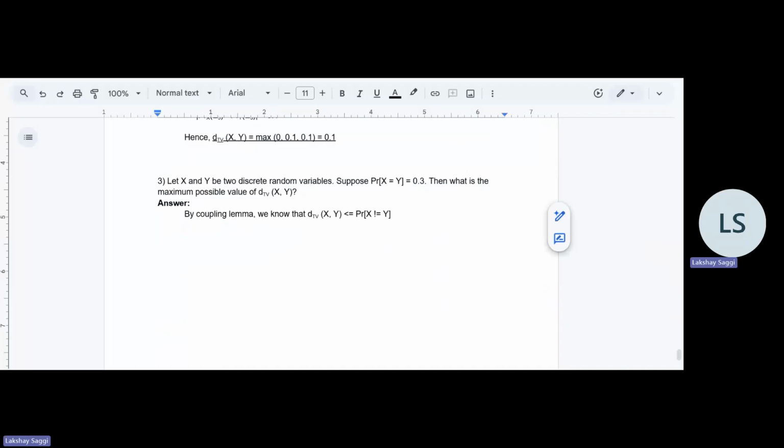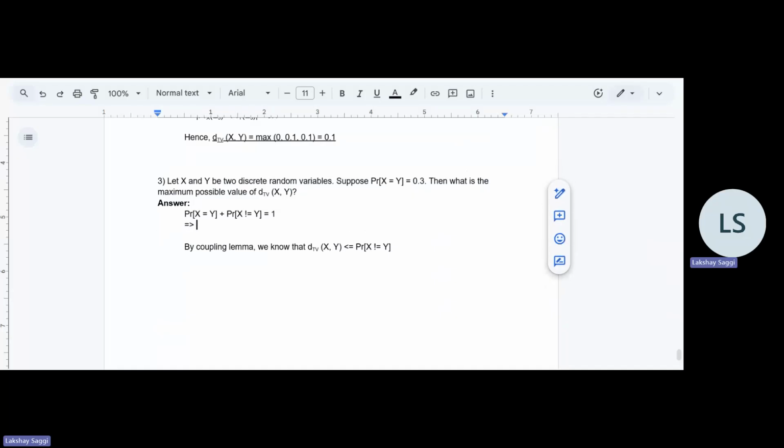But how do we find this probability that x is not equal to y? We know that the events x equal to y and x not equal to y are disjoint and also complementary, because either x will be equal to y or x will not be equal to y. So the probability that x equals y plus the probability that x is not equal to y is equal to 1.